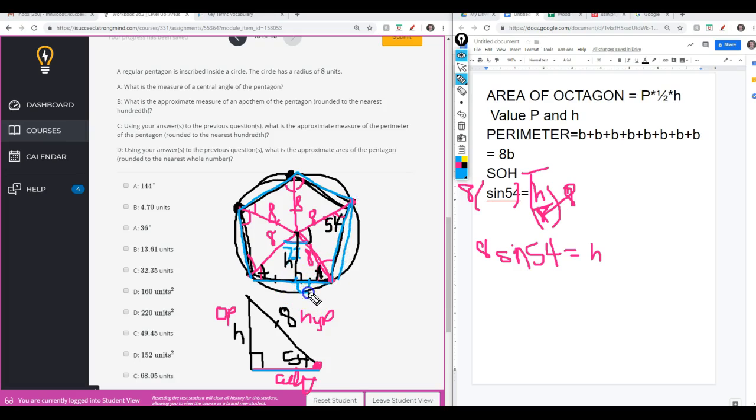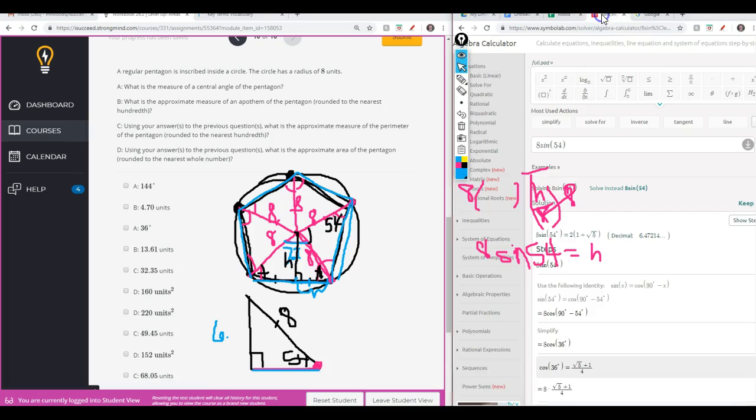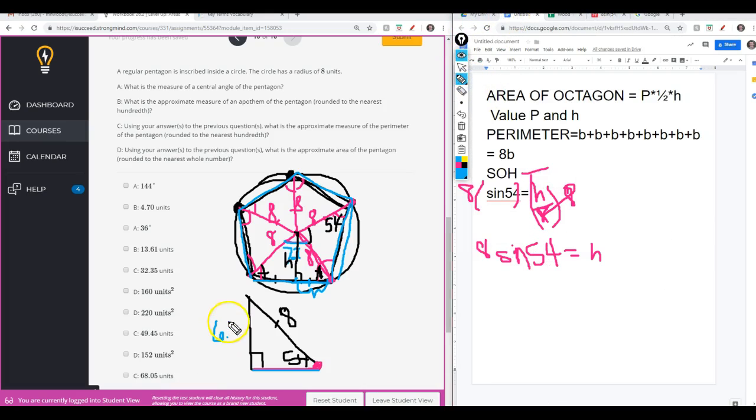So I'm going to find this side length right here, and it wants us to use the answers from our previous questions. So now I know that this opposite is 6.47 units.